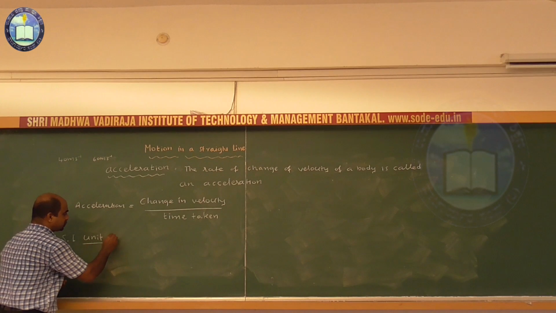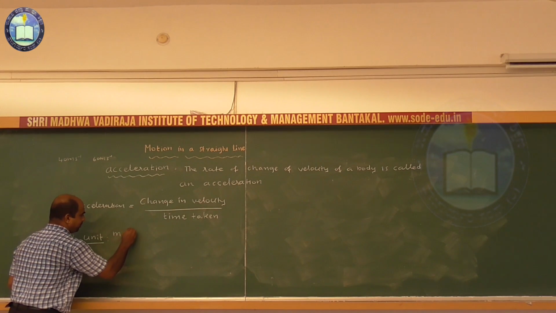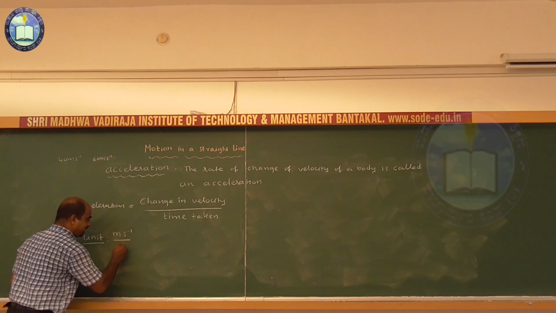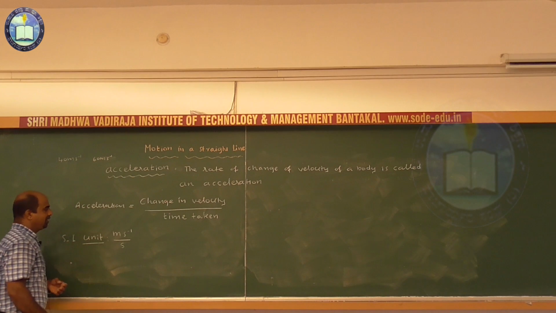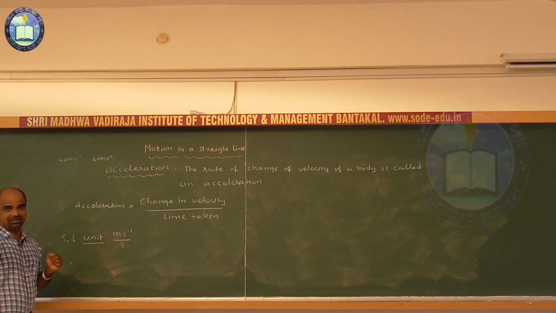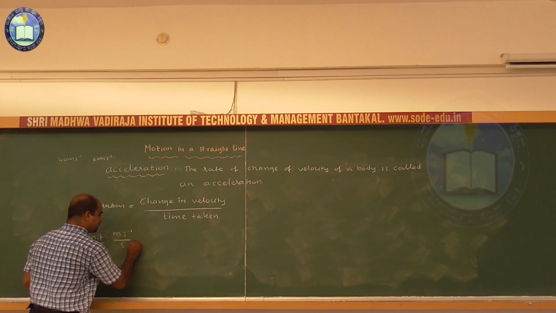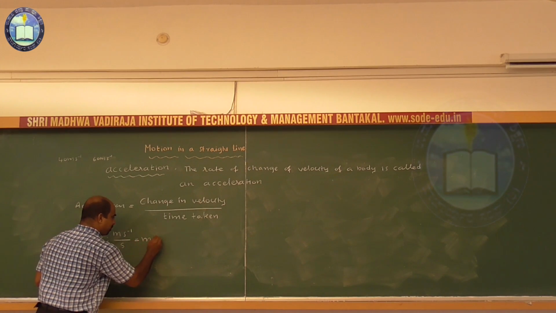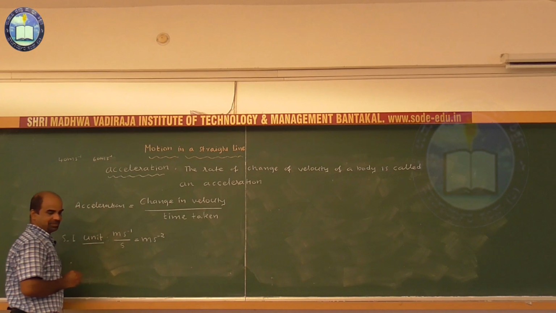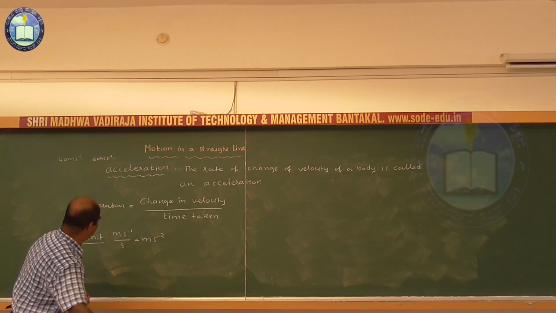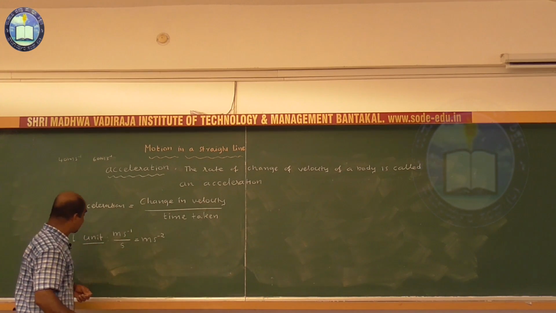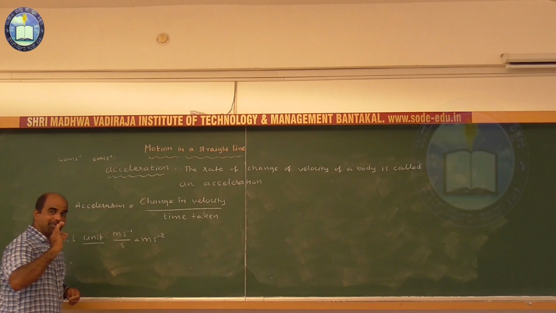Therefore, the unit is meter per second divided by time taken, second. Meter per second by second is meter per second square. Therefore, the SI unit of acceleration is given by meter per second square.